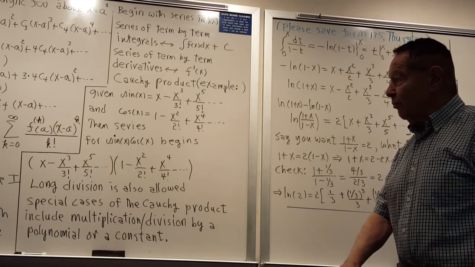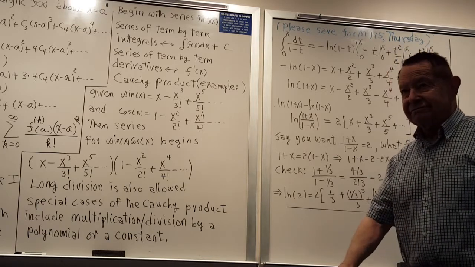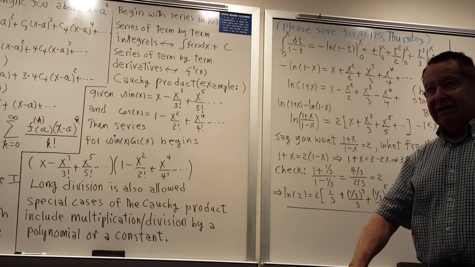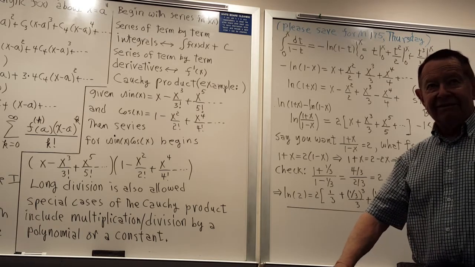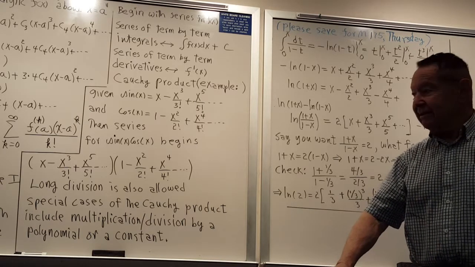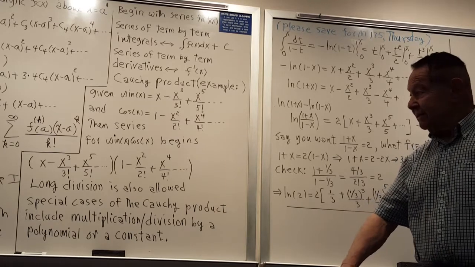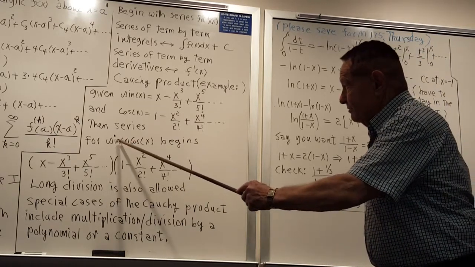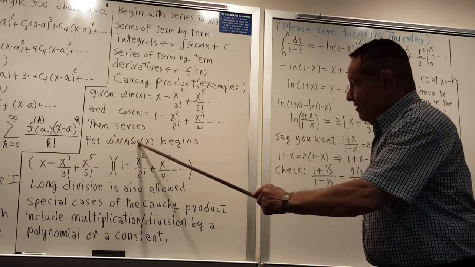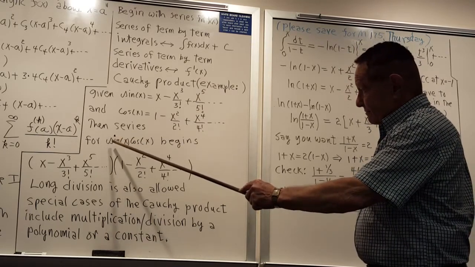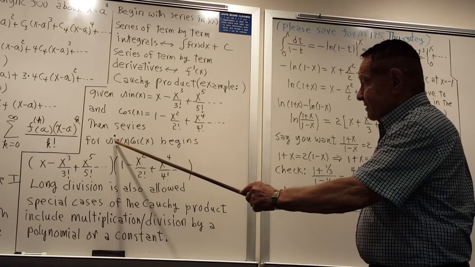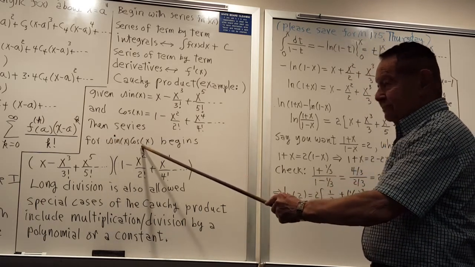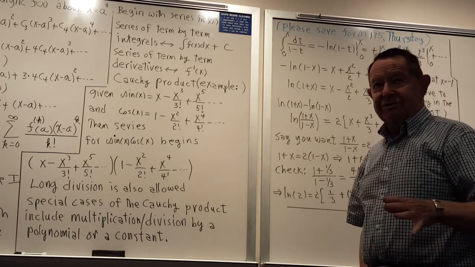So there is only one Maclaurin series or one Taylor series, no matter how you get it, for a given analytic function. In other words, if you wanted to get the pattern for the Maclaurin series for f of x equals sine times cosine, you have your choice.